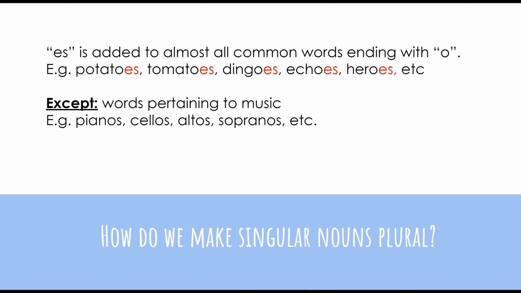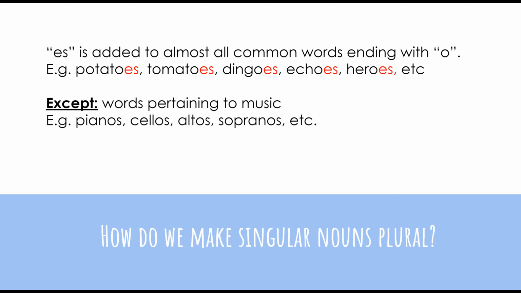Another rule for adding ES onto the ends of words is that ES is added to almost all common words ending with O. So potatoes, meaning multiple or more than one. If I just had our base word potato, it would be referring to one potato, a singular noun.